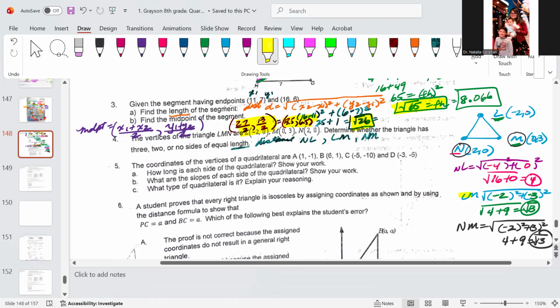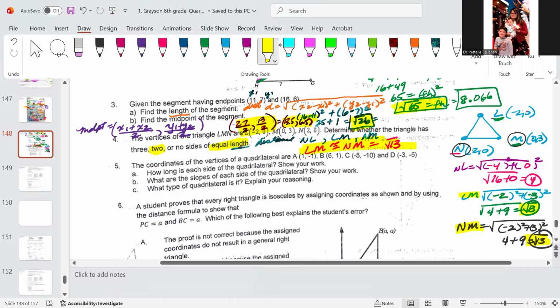Which two are the same? Not all of them. And NL is not. You could say that LM is congruent to NM, which is the square root of 13. And that is your answer. So how many sides? Just 2 sides are equal length. So you got to answer the question. Do you see that? Yeah.